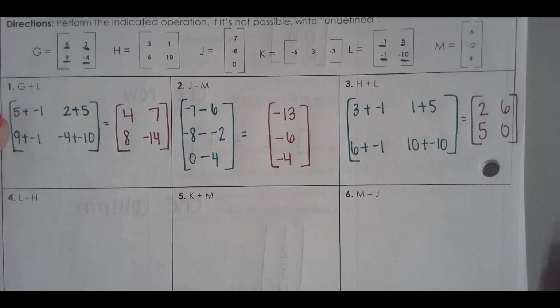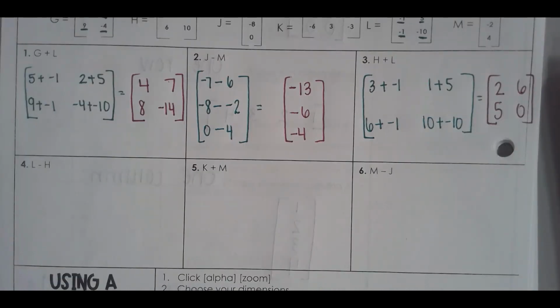All right, let's go over these. Number 4. Olivia, was number 4 possible? What are the dimensions of your answer in number 4?